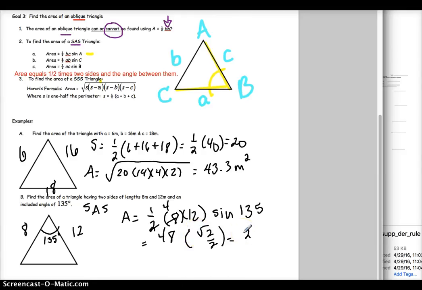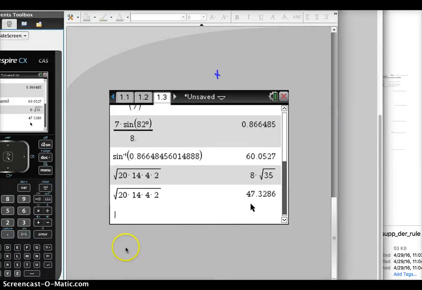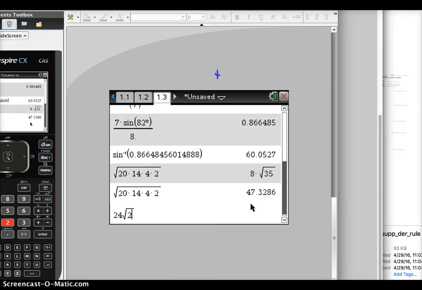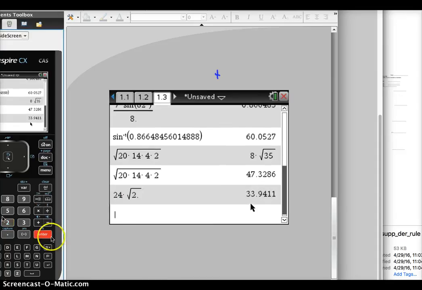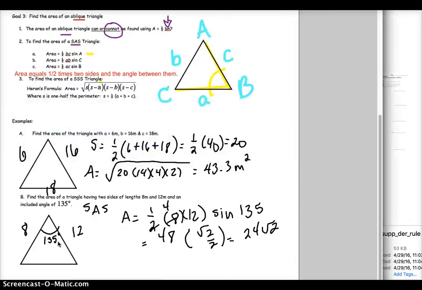So our area is going to be 24 times the square root of 2. And let's calculate that to the tenths place. So 24 times the square root of 2. And we have an area of 33.9 meters squared.